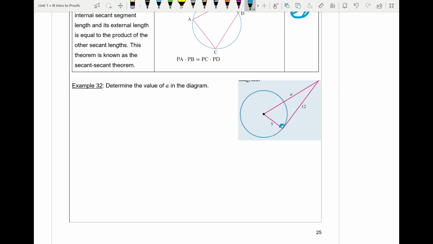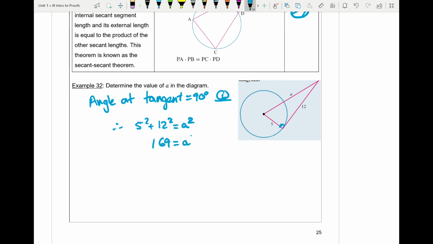So because it's a 90-degree triangle, we can see that 5 squared plus 12 squared will equal 8 squared, which means 169 equals A squared. So A is equal to 13.